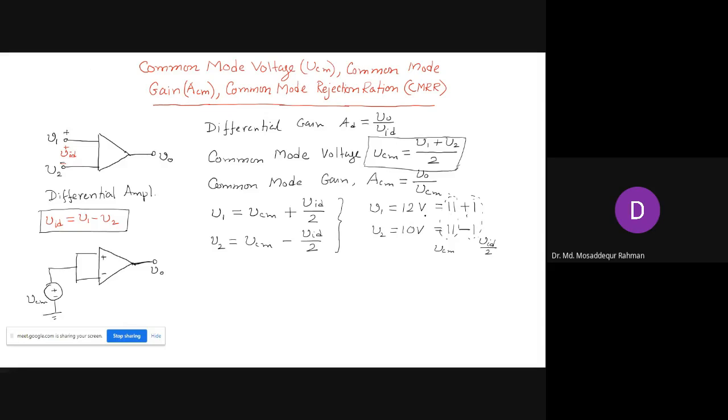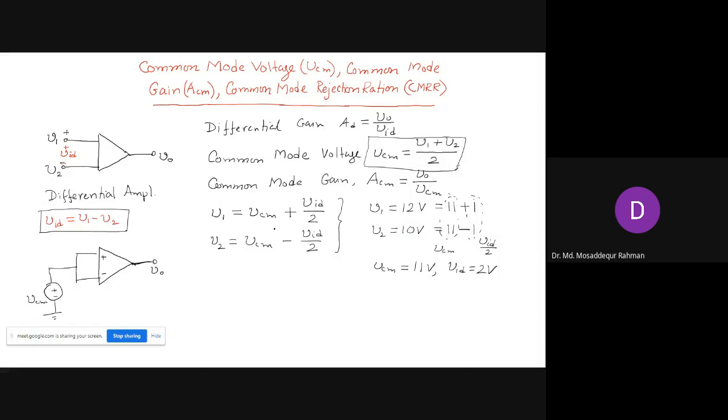So we have easily expressed V1 and V2 in this form, VCM plus VID by 2 and VCM minus VID by 2. In this case VCM will be 11 volt and VID will be 2 volt.